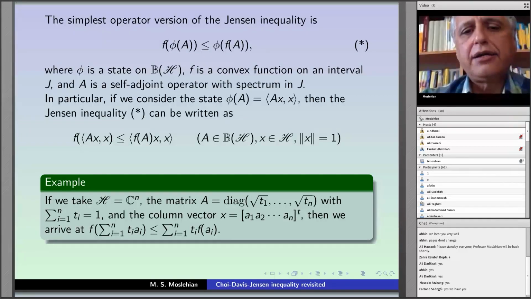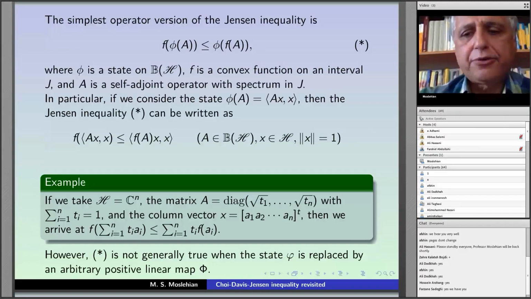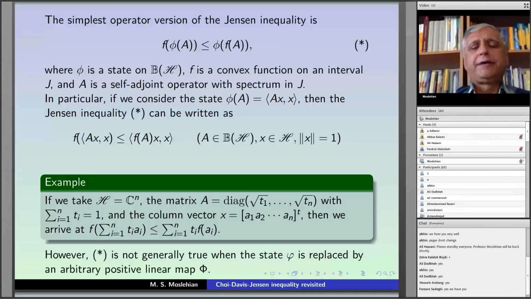So this inequality is in fact a generalization of the Jensen inequality. What happens if we replace phi by a positive linear functional? It is known that the inequality does not hold, and so we should find some conditions in such a way that we get a true inequality.